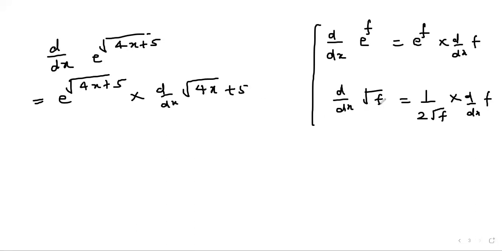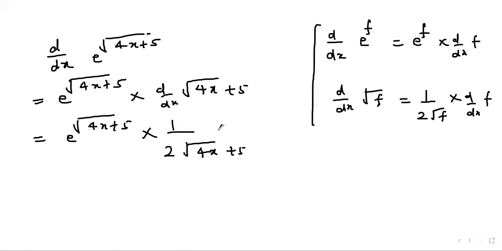Then, according to this rule, d upon dx of root of function, it will become e power root 4x plus 5 times 1 upon 2 root function, twice of root of 4x plus 5, times d upon dx of 4x plus 5, and that will give 4.